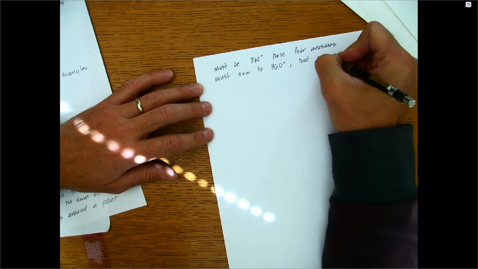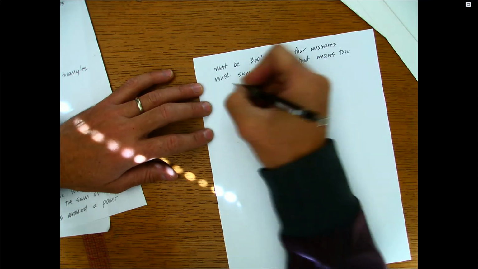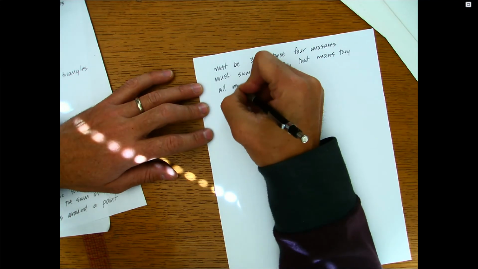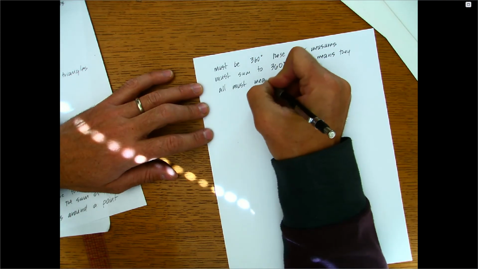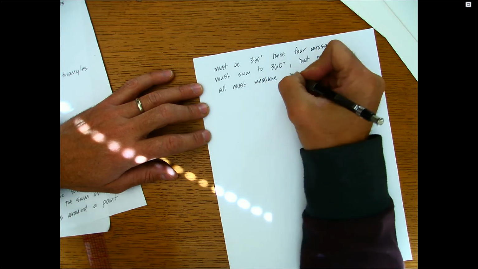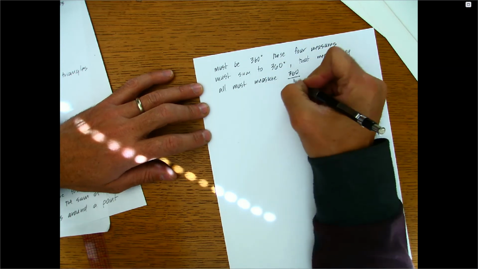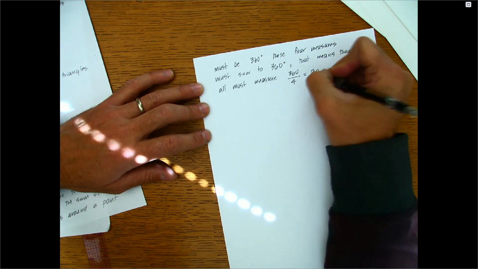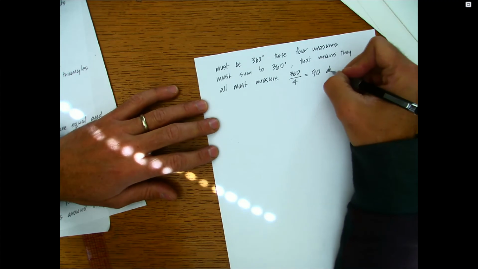That means they all must measure, just to make it completely clear to the reader, 360 divided by 4, 90 degrees.